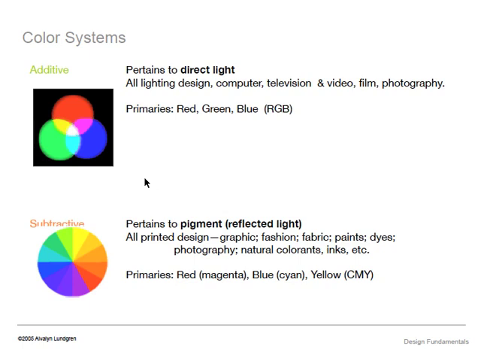But most of us grew up with red, yellow, blue as the three primary hues, and with printing it's magenta, cyan, and yellow. Magenta is a red, cyan is a blue, and then yellow obviously is yellow. So CMYK still deals with the subtractive primaries. It's just real specific colors within those primary hues.